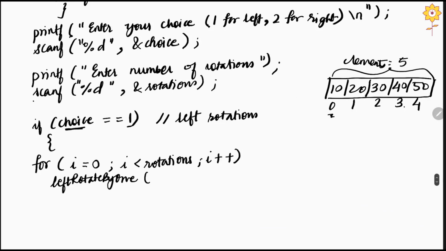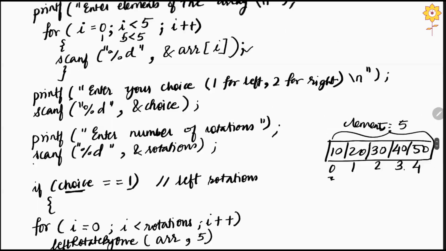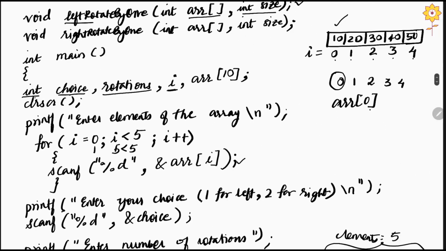So, what is the name of the array that we created? The name of the array is arr, and what is the size of the array? The size of the array is 5, right. So, you will send 5, correct. Okay. So, if you do not want to do that, what you can do? You can create a variable for size, or you can take it from the user at the beginning.